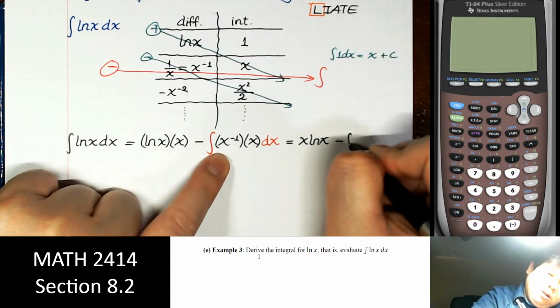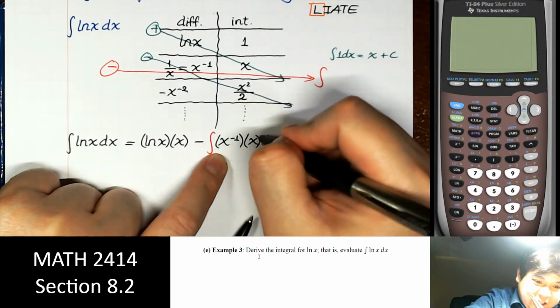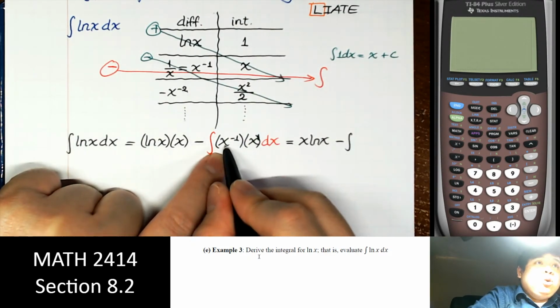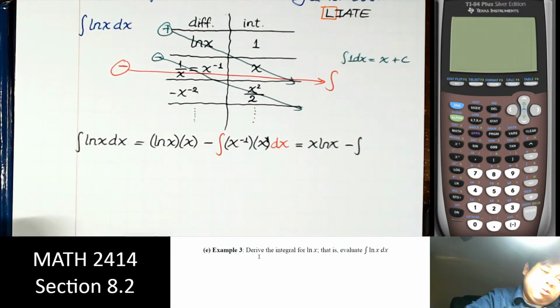Right? Which gives us x times ln of x minus the integral of x to the negative 1 times x to the first. We just add the exponents, x to the negative 1 plus 1, so just 1.